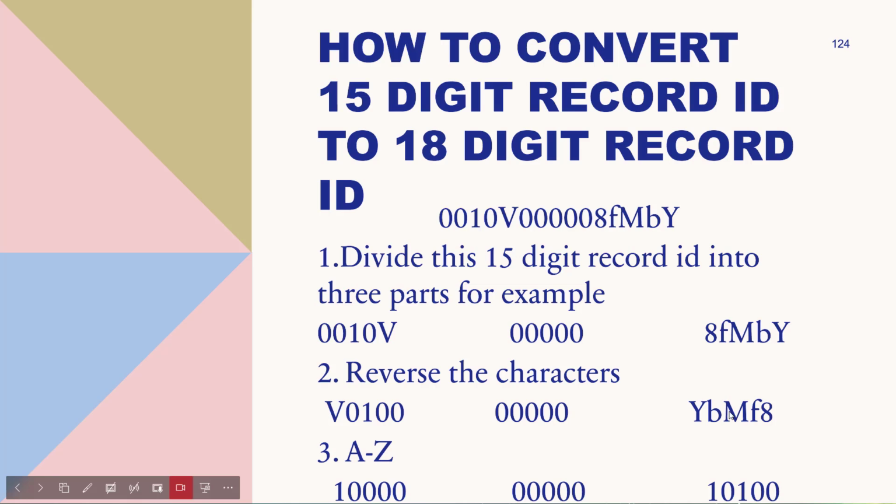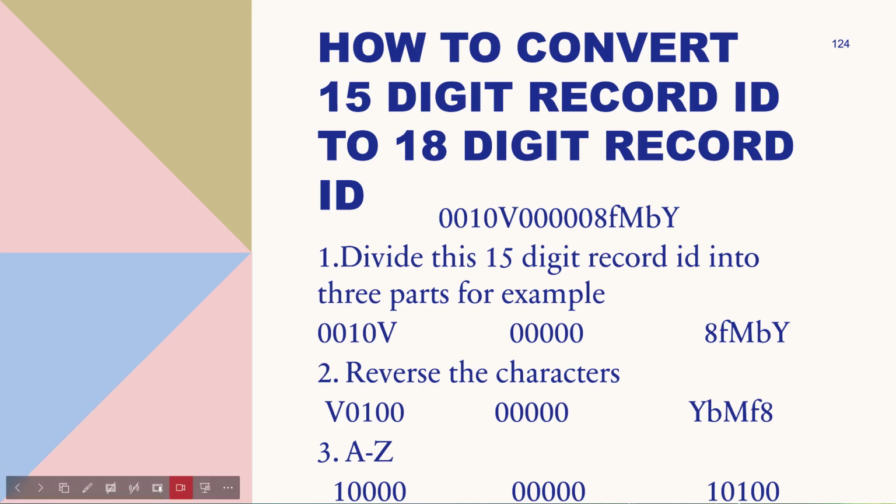The third letter is M, which is a capital letter, so we take it as 1, and then the next letter is F, which is a small letter, so we take it as 0, and the last one is the numerical 8, which we take as 0. This is converted into A to Z. Here we assign 1 to the capital letters, and we assign 0 to the remaining characters.